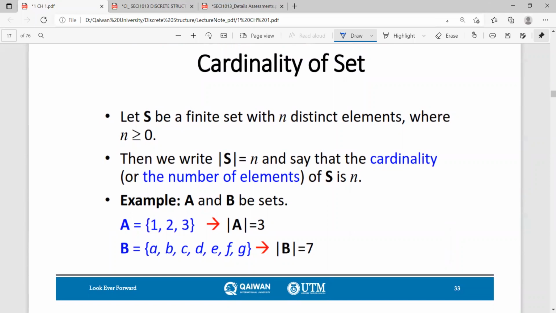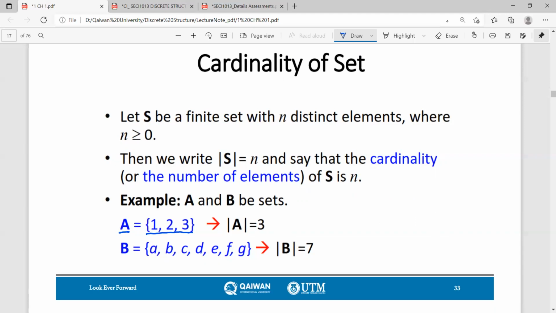And you have cardinality. Cardinality means the number of elements of a set. Okay? Cardinality means the number of elements. And the number of elements of a set must not be negative. It could be 0, because for the empty set, the number of elements is 0, and it could be positive. As you see here, we say A is the set of 1, 2, and 3.